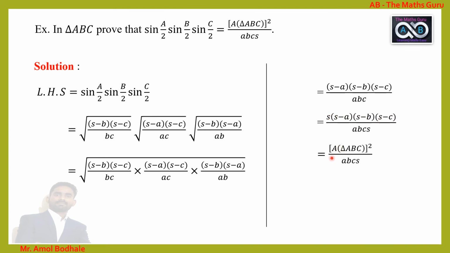So therefore this is the square of the area of triangle ABC upon a into b into c into s, which is the required RHS. Hence LHS equal to RHS. Therefore sin(A/2) sin(B/2) sin(C/2) equal to the square of the area of triangle ABC upon a into b into c into s.